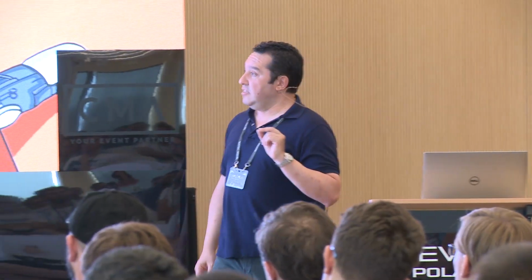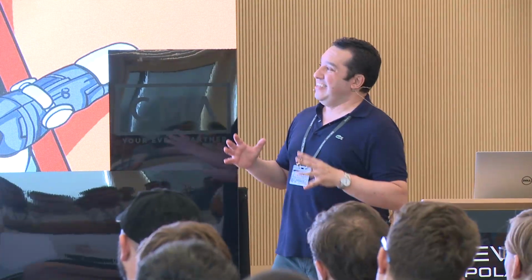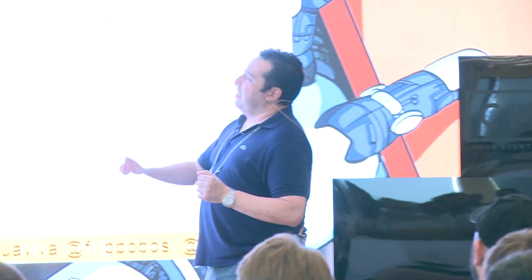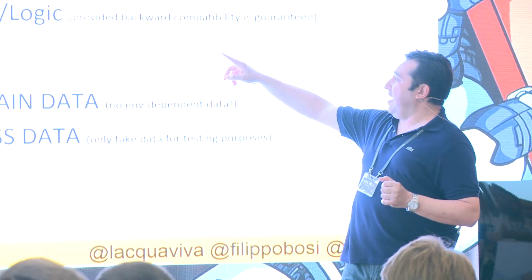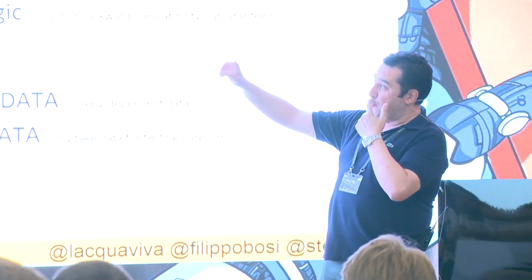The other open point dealing with huge software and huge data is that you have to choose carefully what you put in your version control system regarding data. It's okay to put DDLs, it's okay to put stored procedures and logic, of course, provided that backward compatibility is guaranteed.